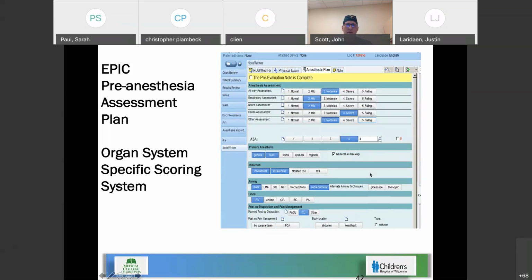What is unique is that we have an organ-specific scoring system, which allows us to differentiate between cardiovascular and non-cardiovascular risk factors. And through that, we can generate a comprehensive ASA physical status. And that allows us to assess cardiac and non-cardiac risk.